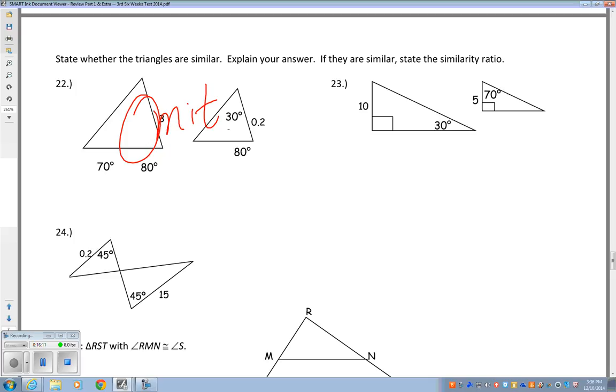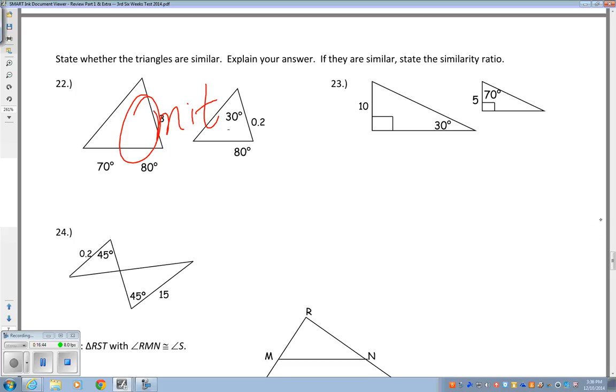You are going to be expected to determine if the triangles are similar or not, and then state the similarity ratio if they are. I didn't want the angles to throw you off, because they're outside the triangle. That's why we're omitting it. We're just going to keep it omitted.